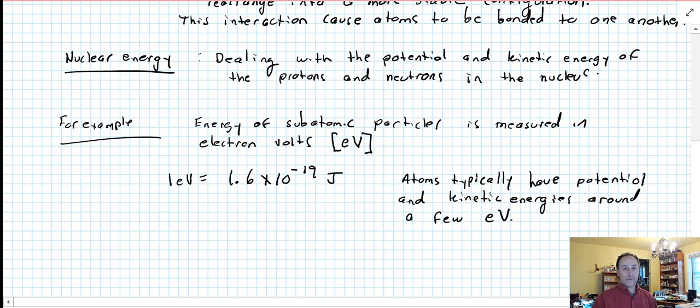All right, so it's a unit that's in the ballpark of those particles.